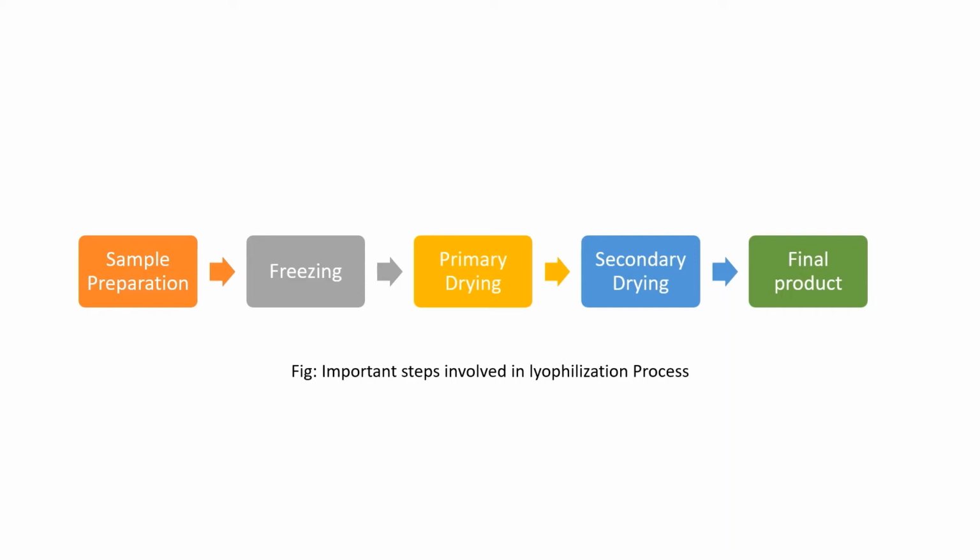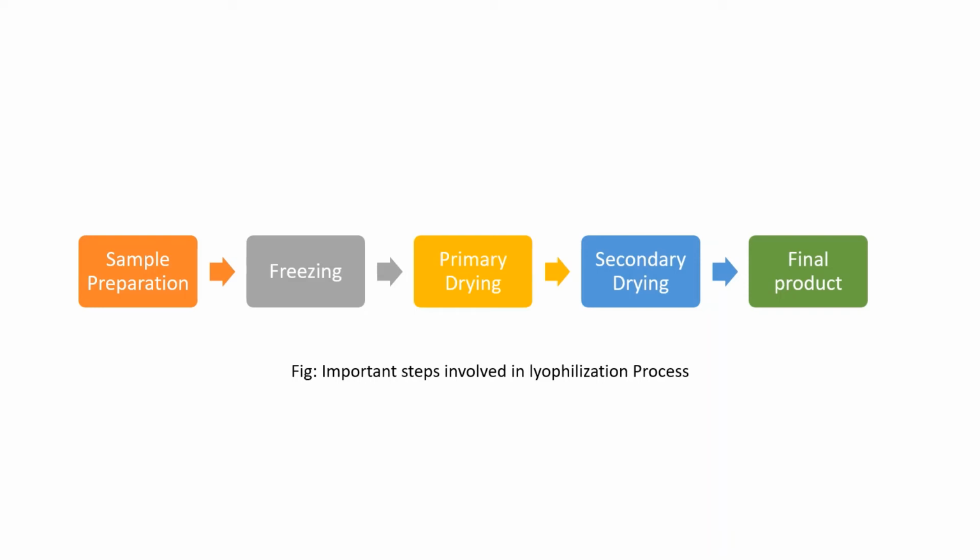So the next step is freezing. Freezing is a critical step in the freeze drying process because this stage forms the microstructure, a porous product, and it determines the quality of the final product and processing characteristics. So this is a very critical step in the freeze drying process.